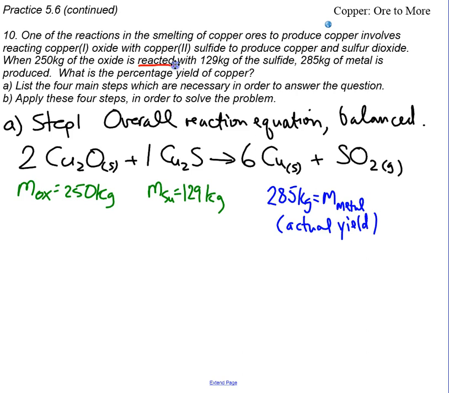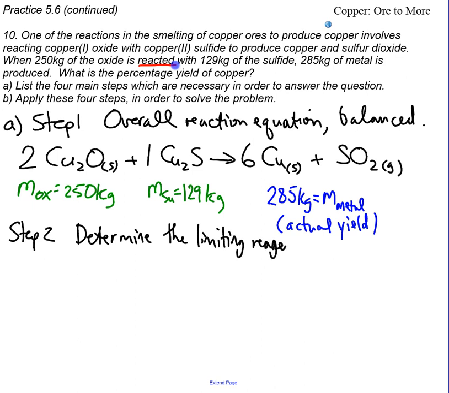So what we're dealing with here is writing down the information with the balanced reaction equation. In step 2, what I would do next is determine the limiting reagent. Now this is easier said than done. Determining the limiting reagent, this is a good review question, involves really several things.